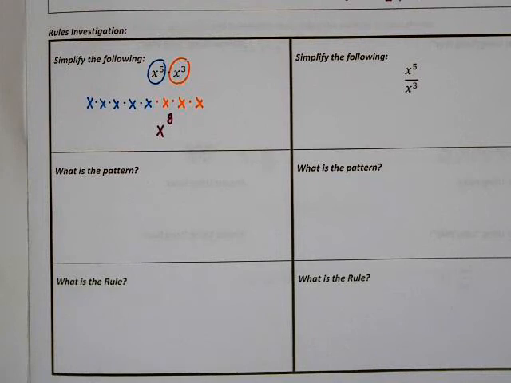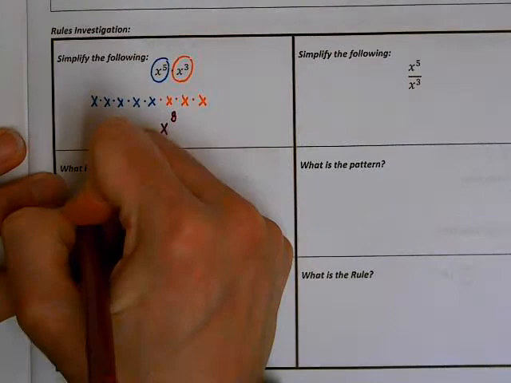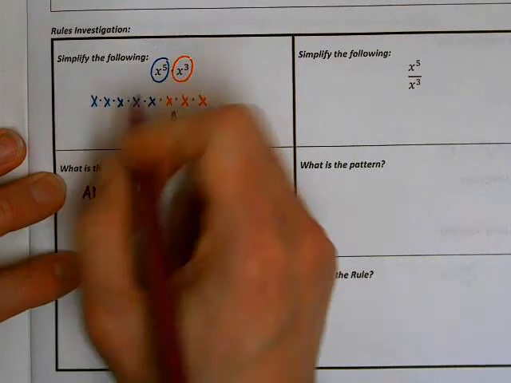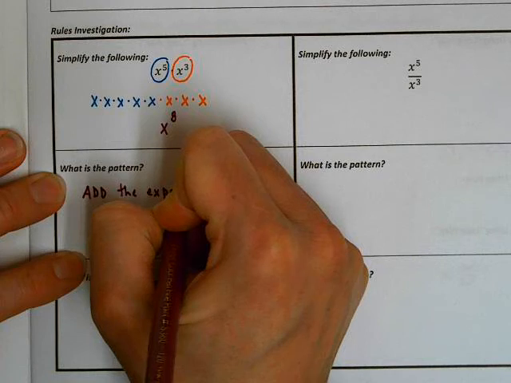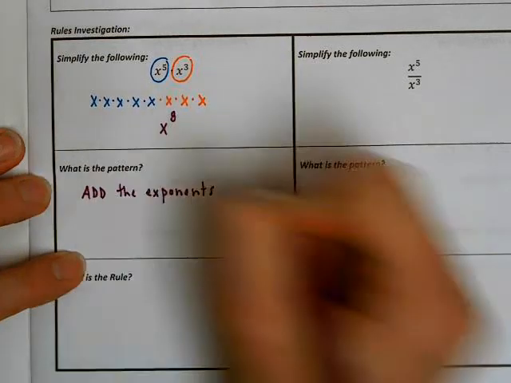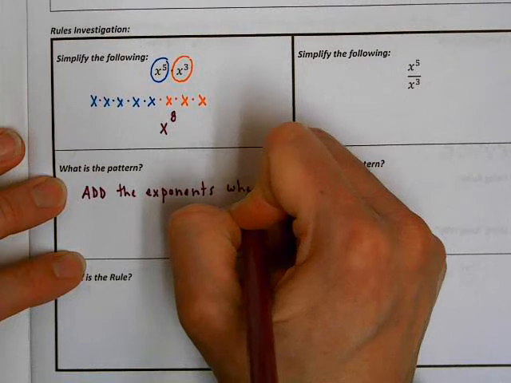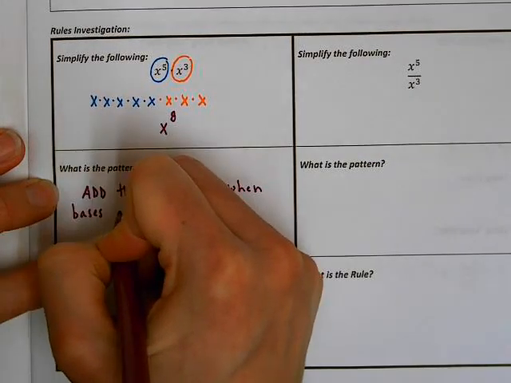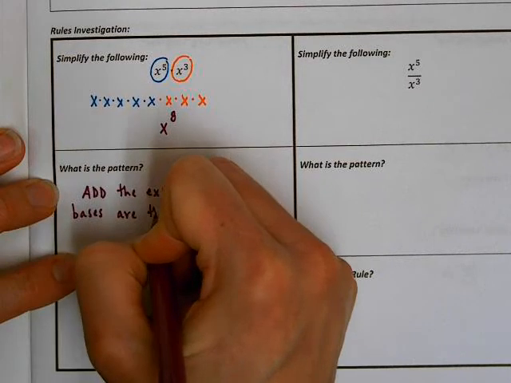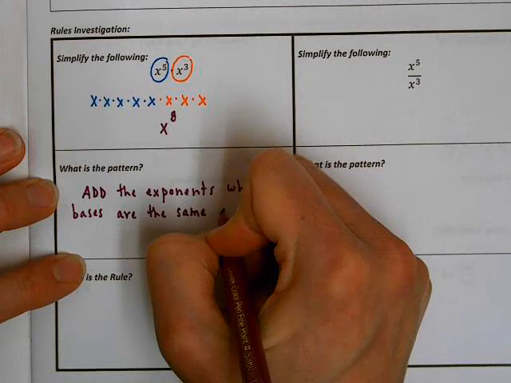So the pattern I'm noticing is that we are going to add the exponents when the bases are the same and we are multiplying.